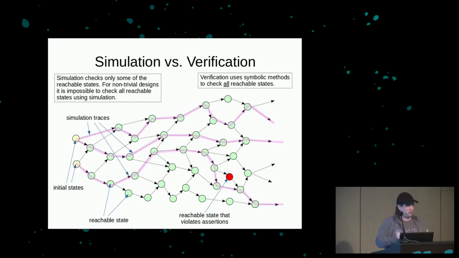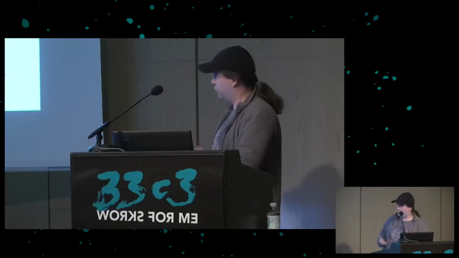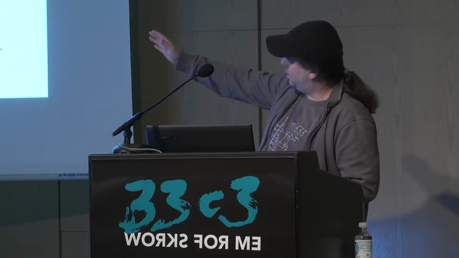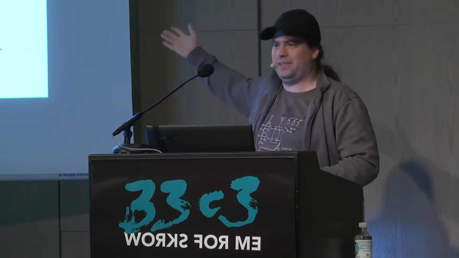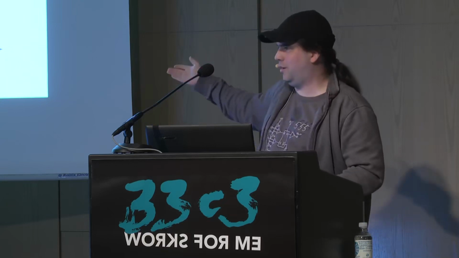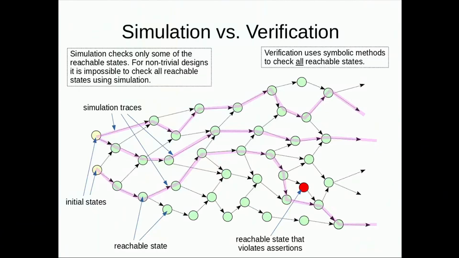If you would like to make sure if an invalid state is reachable or not, you have to use formal methods. And the formal methods actually look at the whole state diagram as a whole. So it's not simulating many individual traces. Instead, it will give you a definite answer if this red state is reachable or not in this situation.